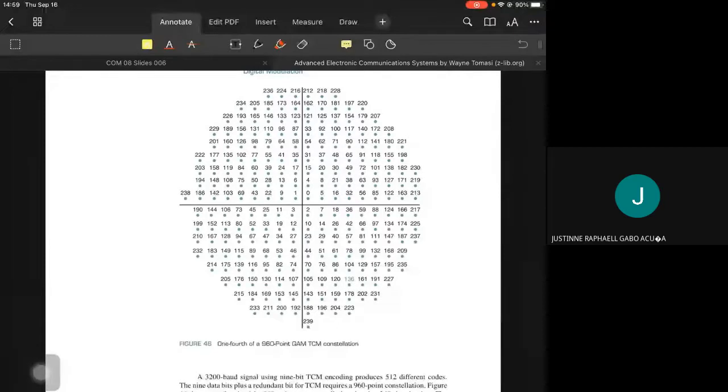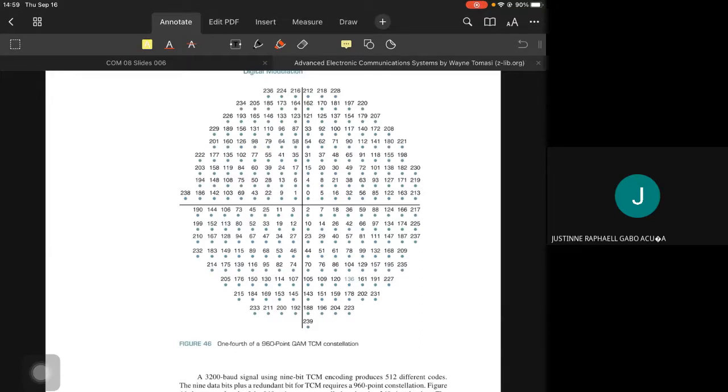So the disadvantage here is a higher likelihood of misinterpretation. This will need more precise hardware and electronics.